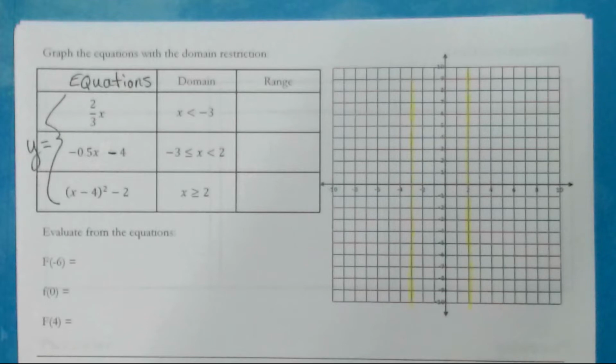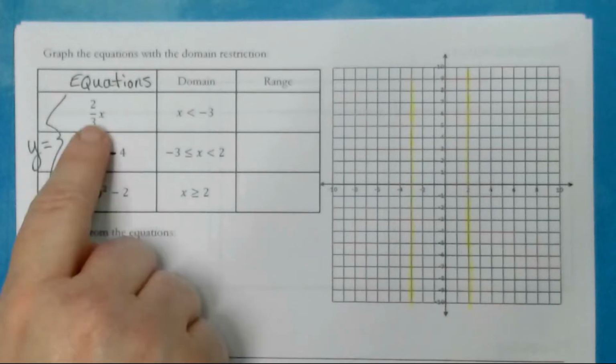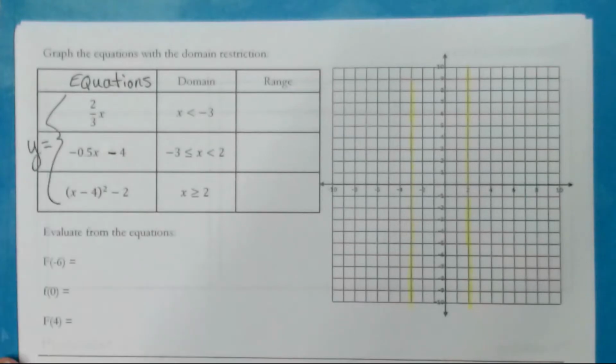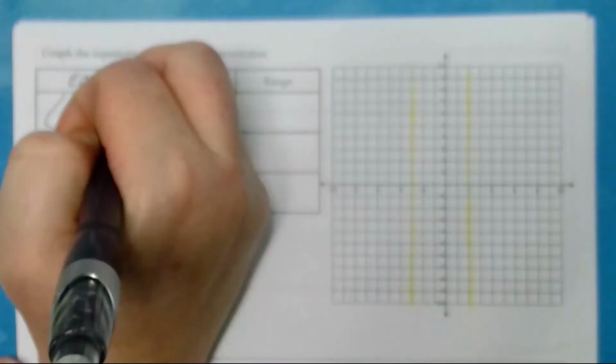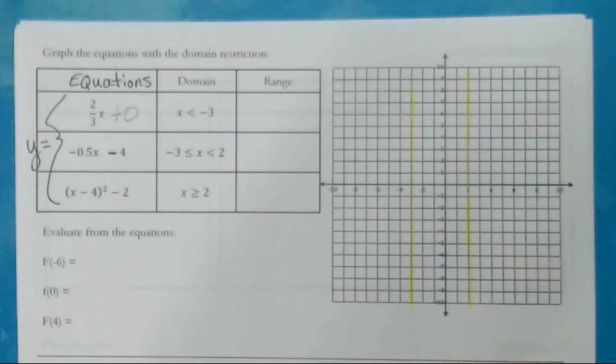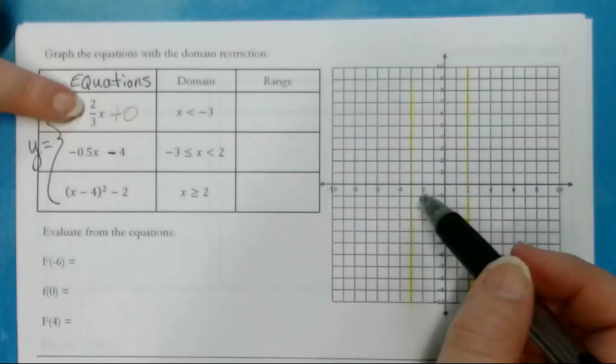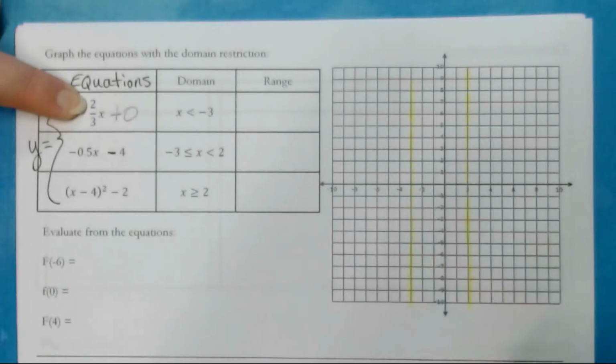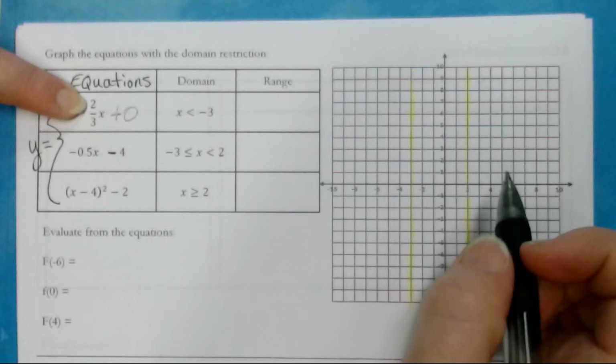Well, honestly, I think this one's the easiest one because I just see x with that 2/3. Remember, this was a linear. It's like you got a little +0 right there at the end. Okay? So I would start at 0, and I'm going to count down 2 and left 3.